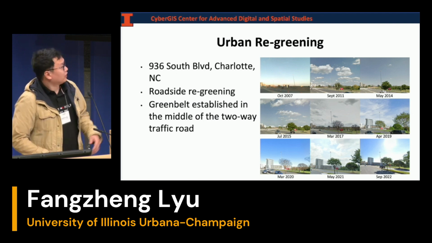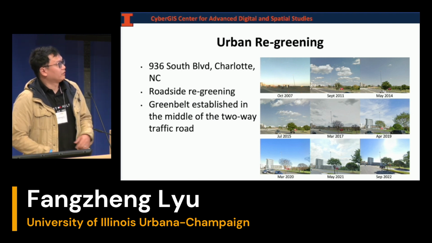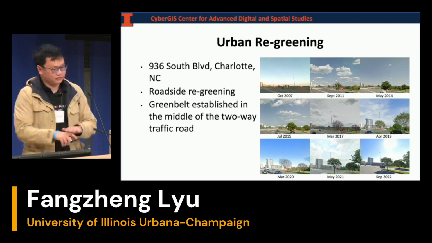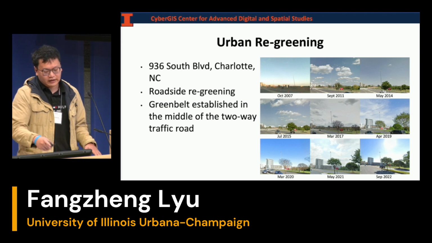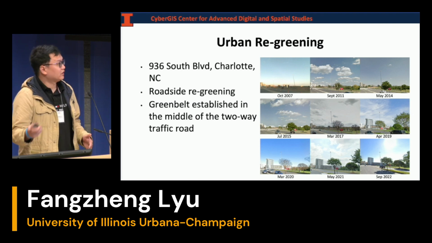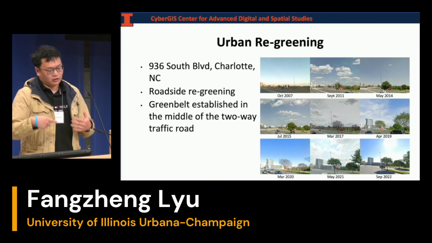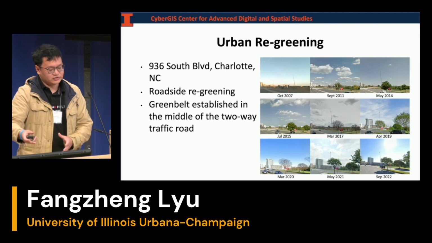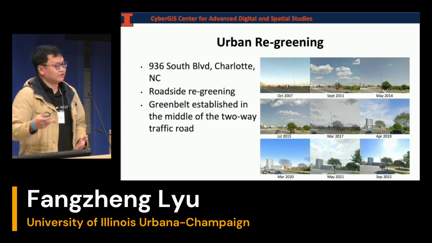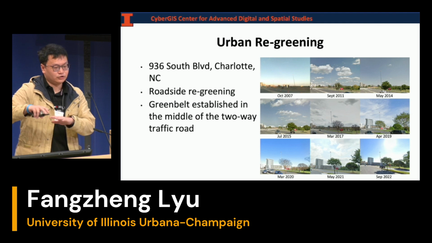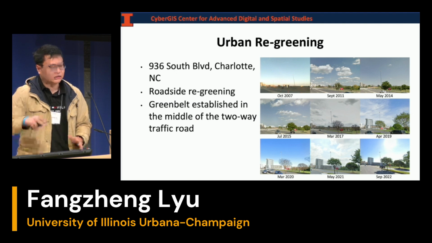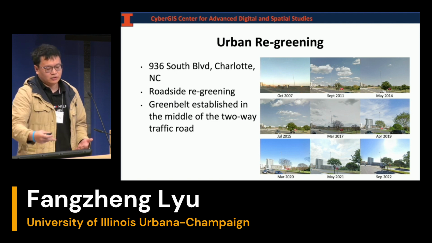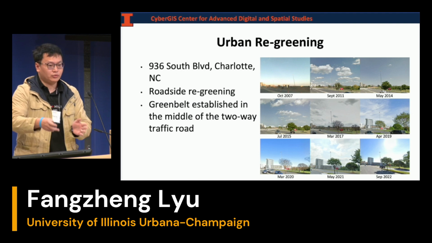If you take a look at the image on the top, the October 2007 one, it's basically just road. And from 2007 to 2021, there is roadside regreening happening. Basically vegetation, things like trees and grass, getting planted on the roadside. There's also a green belt established between the two-way traffic.